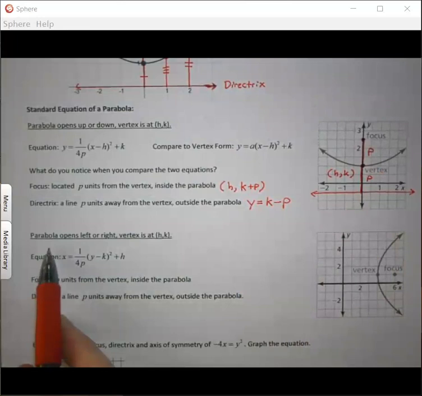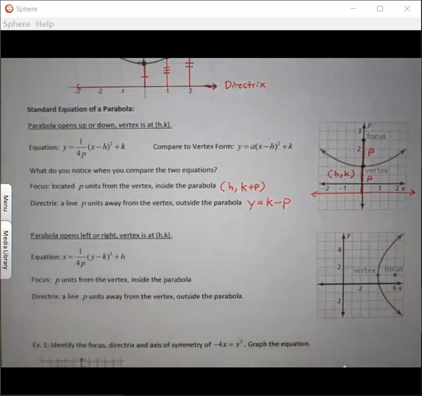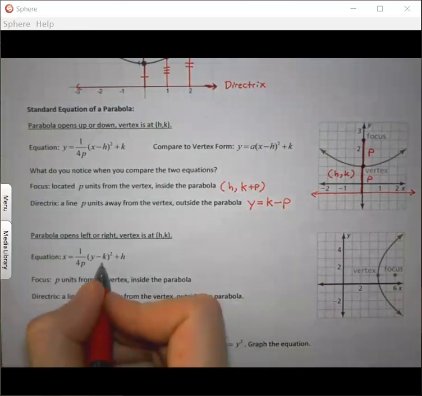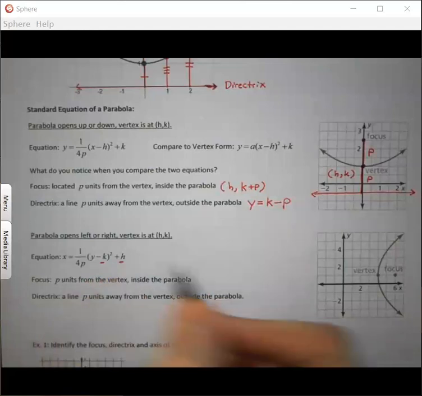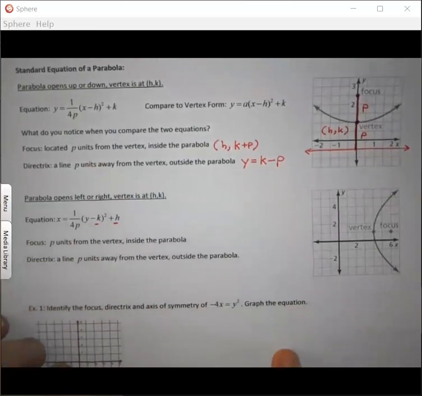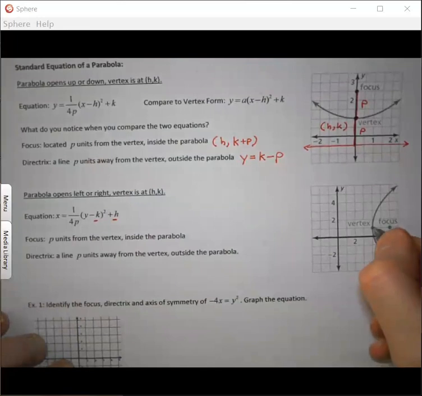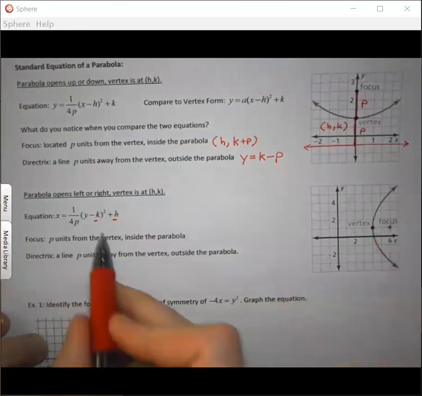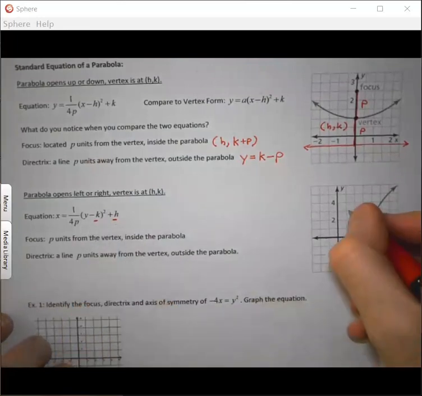For a parabola that opens left or right, it's very similar. One thing you have to keep in mind here is the h and k switch. Our vertex is still (h, k), so h and k switch here, not here.